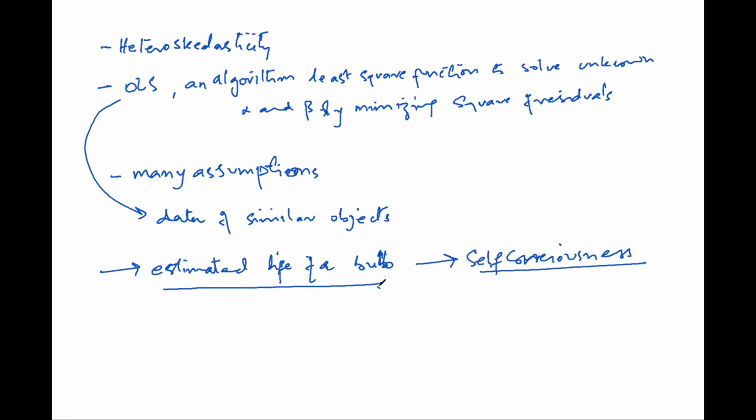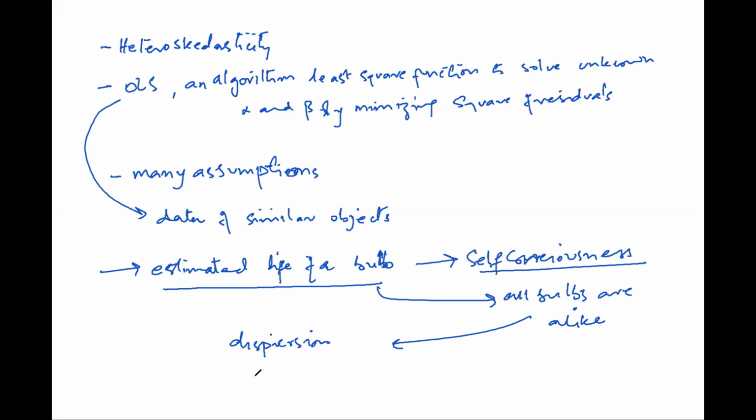So it means it will not deviate its performance. Secondly, since it's a technology based item, all bulbs are alike. They are similar to each other, so their dispersion in type is very small.